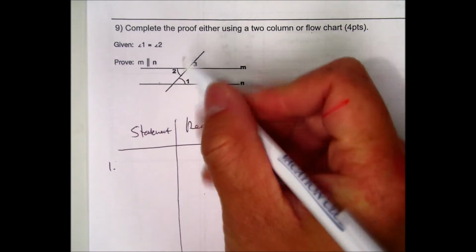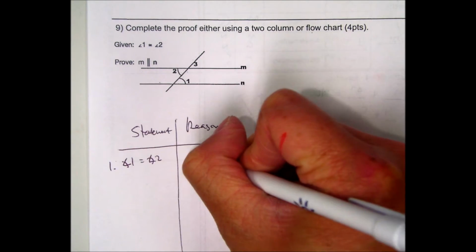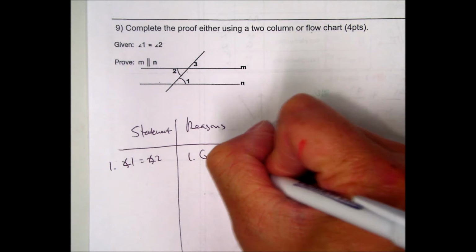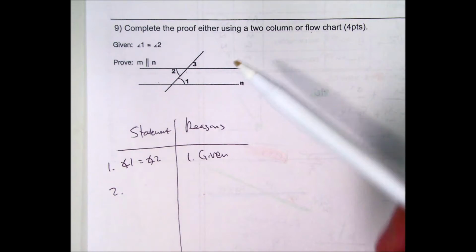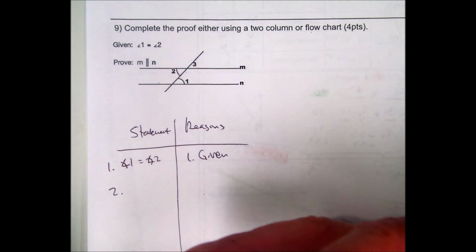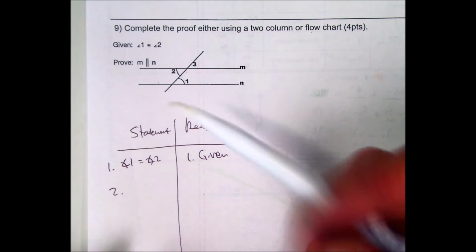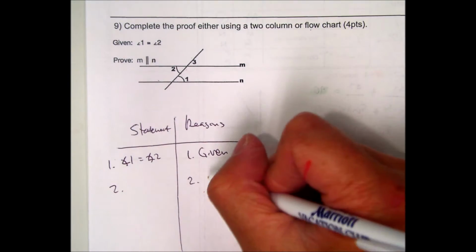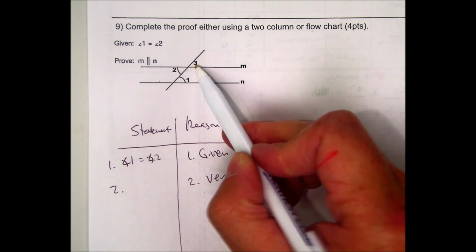So statement number 1, 1 is equal to 2. What's your reason why? Given. Okay. Now, don't use any properties about parallel lines. What's something else on this picture that we can use? Someone said vertical angles. Where are the vertical angles? 2 is equal to 3.